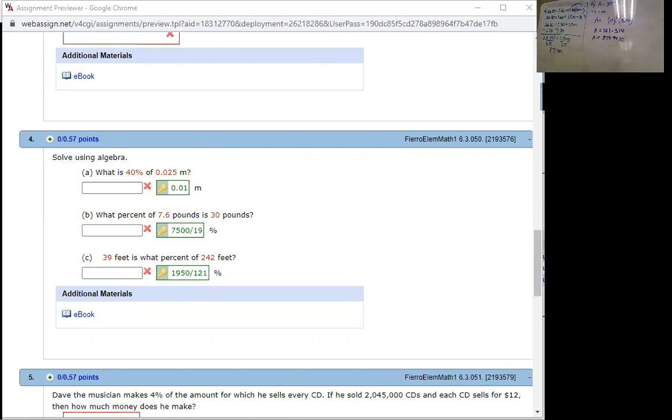You'll get 379.94, but let's say we're told to round to the nearest square meter. What would that be? To the nearest whole number? 380. And it would be 380 square meters. Okay. Questions on part A?